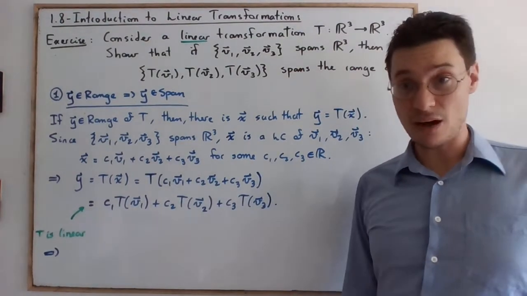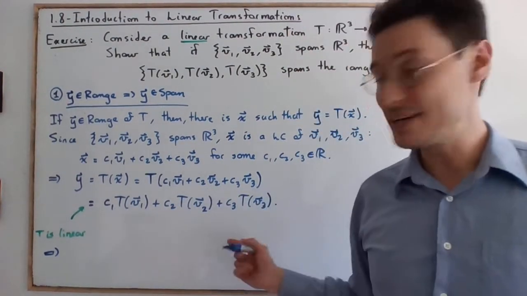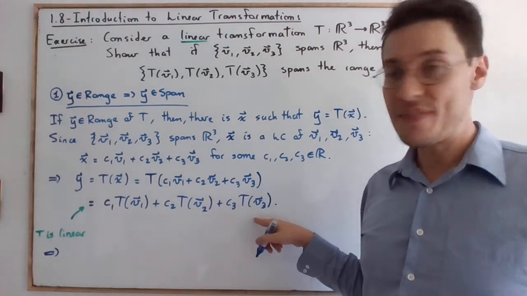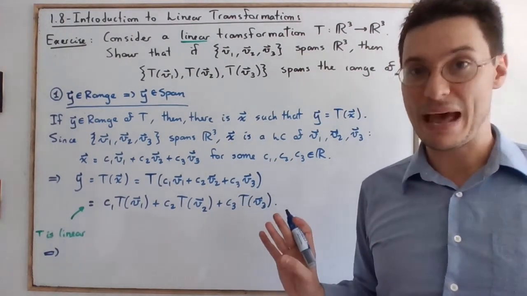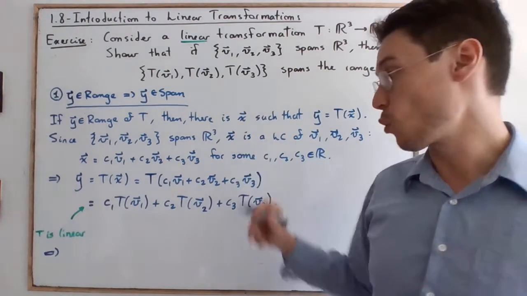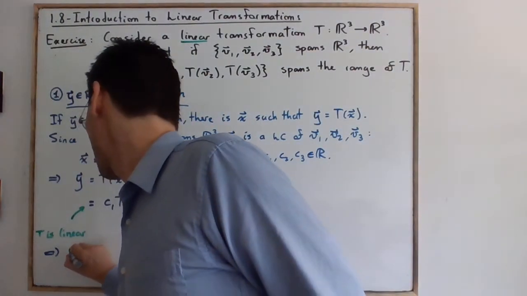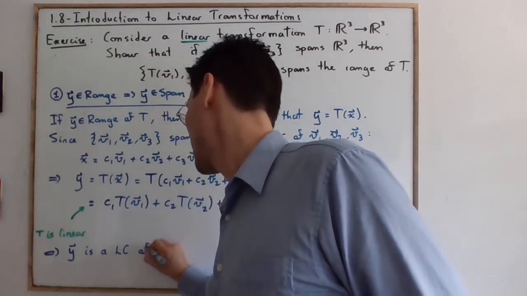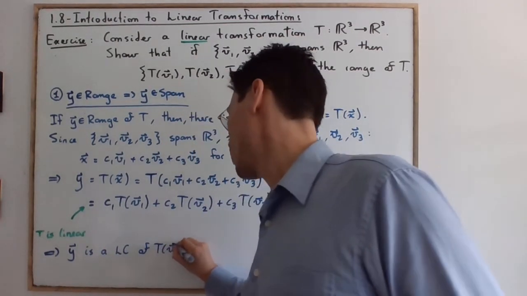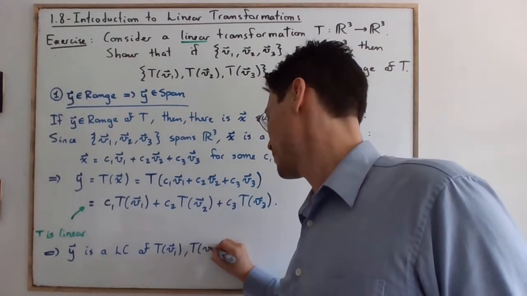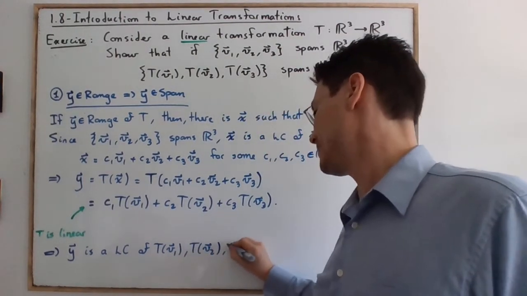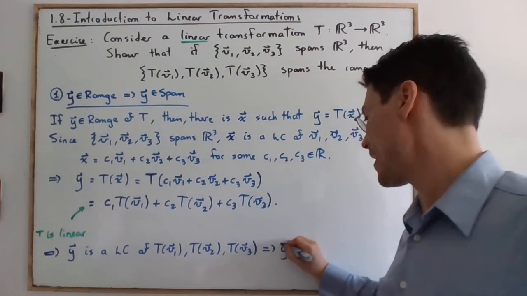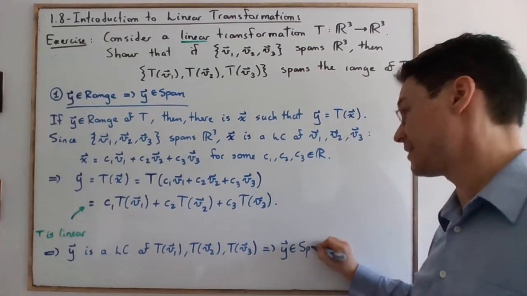So as a result, since y is a linear combination like we have right here, then we know that y is in the span, and that ends step number 1. So y is a linear combination of T v1, T v2, T v3, and therefore y is in the span.